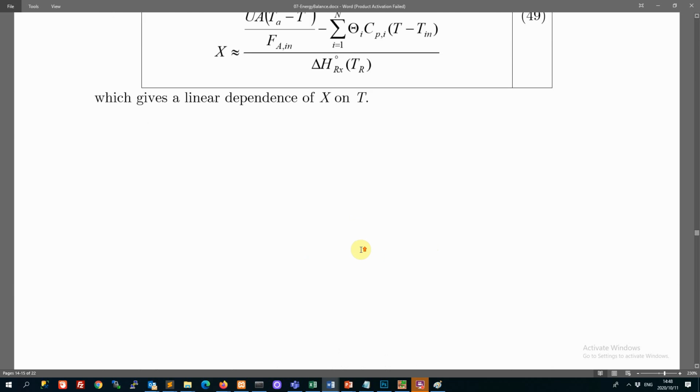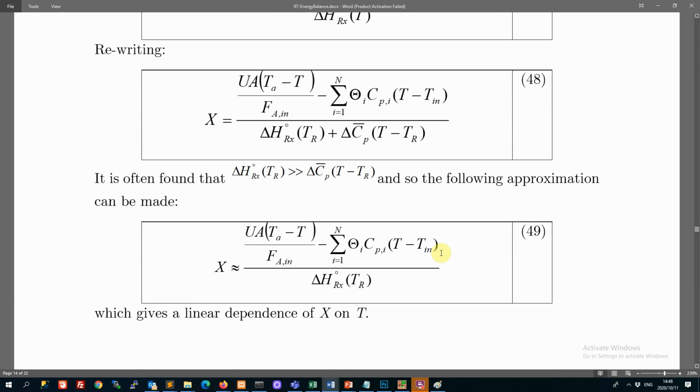Okay, and you see that generally applies. I know we got this for the CSTR case, but the only reason for saying CSTR was that contribution.